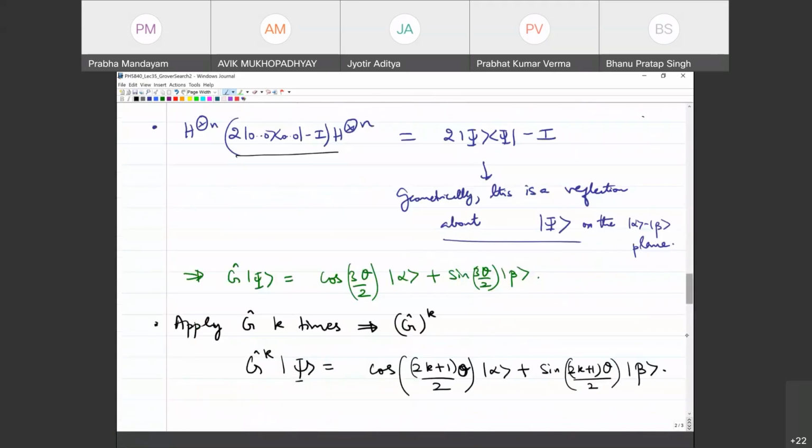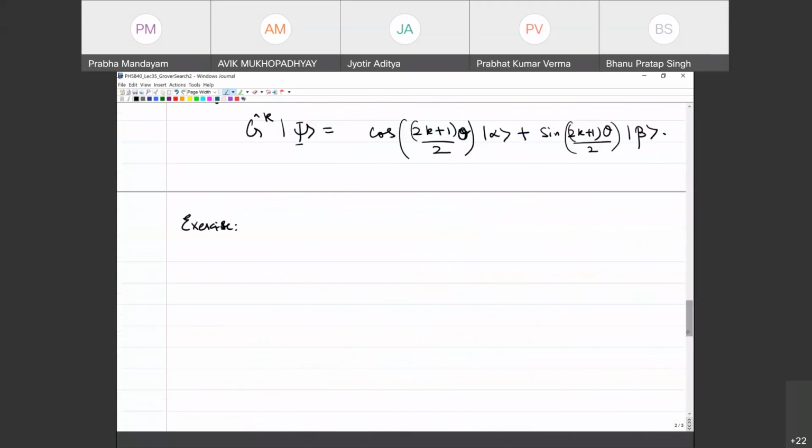So today, let me say that this will be left as an exercise to show that in the alpha beta basis, which means that you're now visualizing G as just a 2 cross 2 matrix, right?